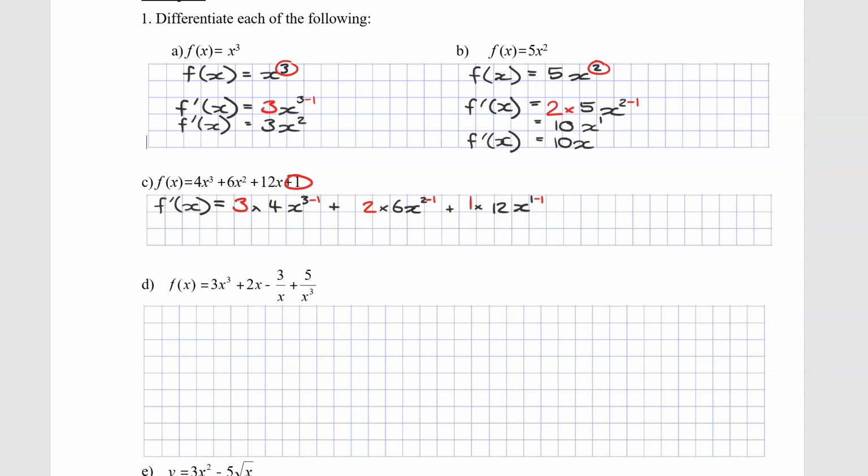This constant, because it doesn't have an x in there, simply becomes plus 0. So the 1 gets cut off.